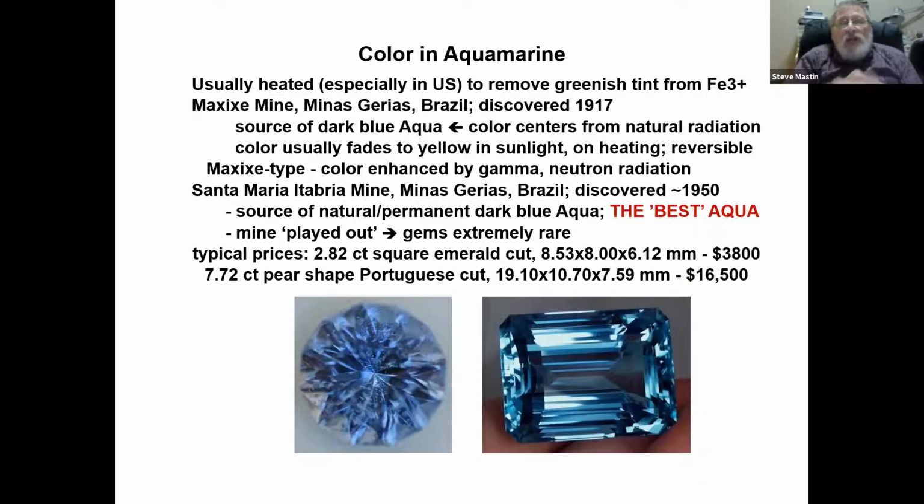And it's a pretty good aqua, really nice color. But the color is caused by color centers that were produced by natural radiation from the surrounding stone when it was formed. And so if you take the color out into sunlight or it gets too hot, the color disappears and turns yellow.